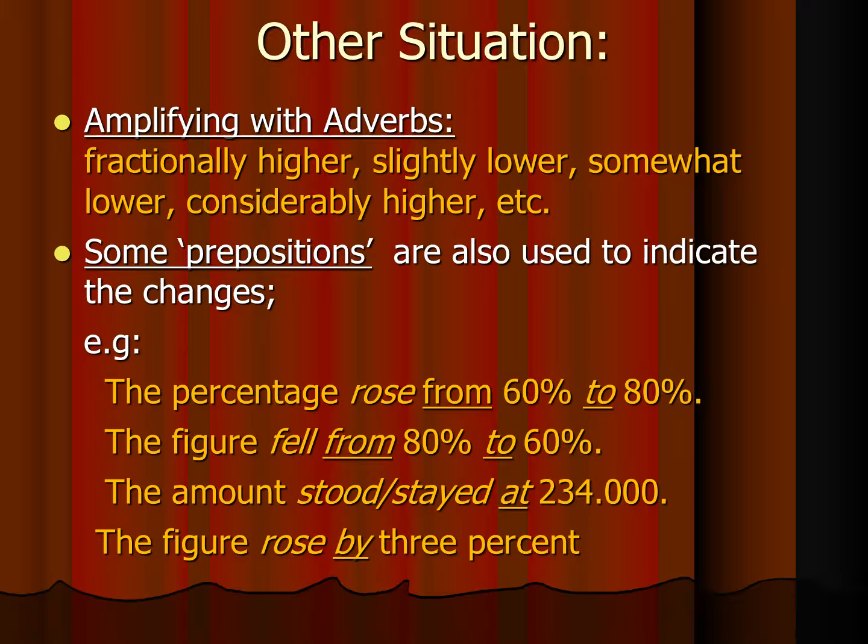Jadi ada beberapa cara untuk mendeskripsikan tadi. Jadi menggunakan upward movement, downward movement, atau seperti ini prepositions, dari sekian ke sekian gitu ya. Jadi ada beberapa cara untuk mendeskripsikan tabel, chart, bar gitu.